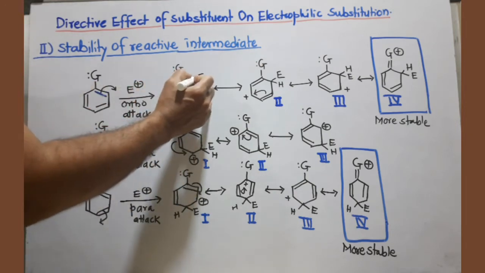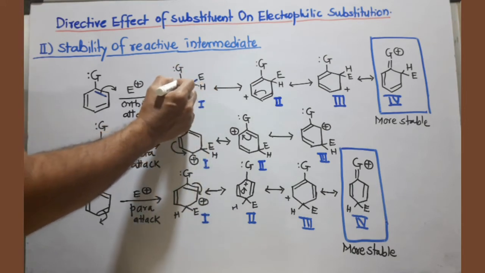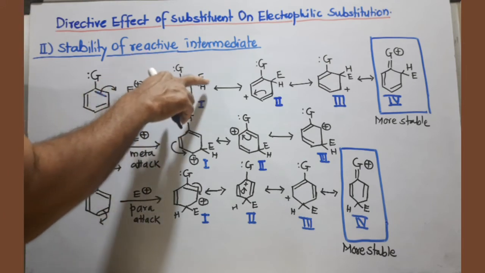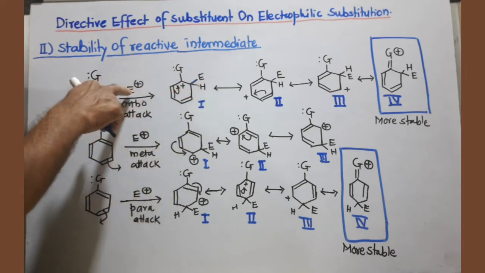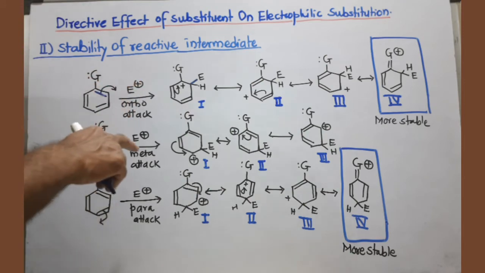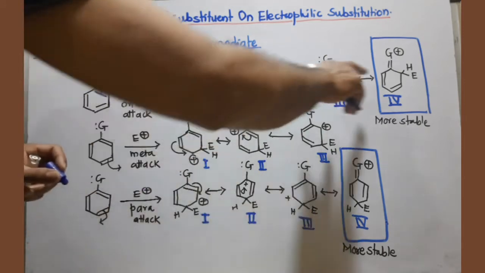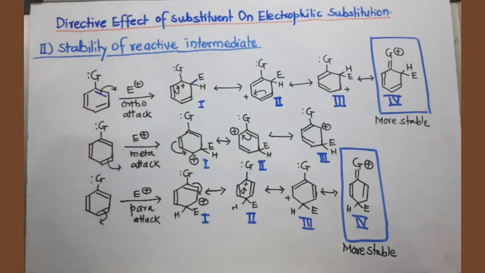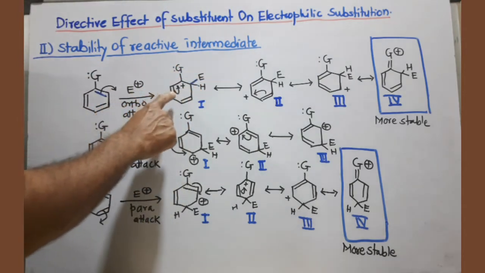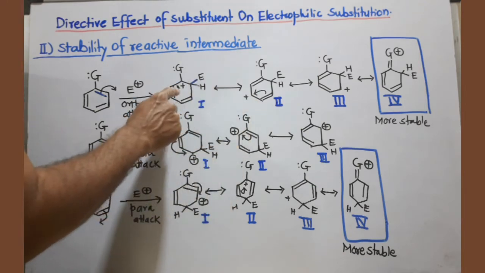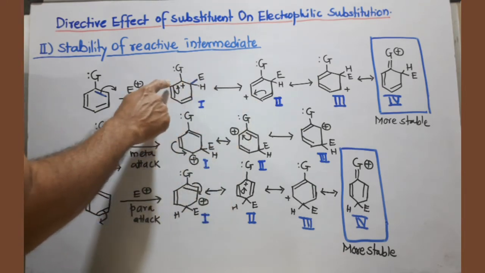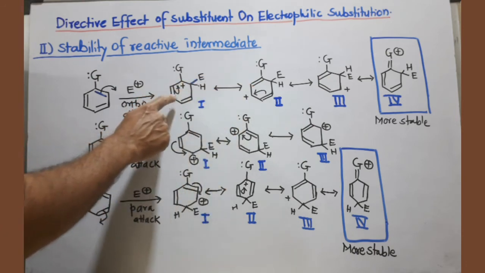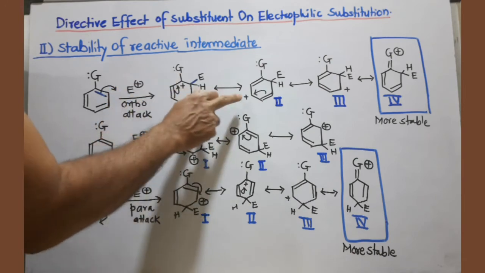If this is joining the incoming electrophile, the positive charge will develop here at this carbon. Now this intermediate, which is formed after the attack of the incoming electrophile, gives different resonating structures. First, by moving the adjacent pi bond in between these two carbons, the positive charge is delocalized from this carbon to this carbon.